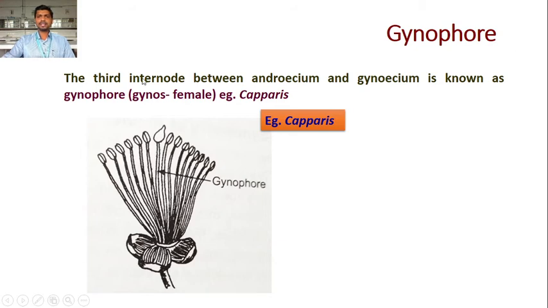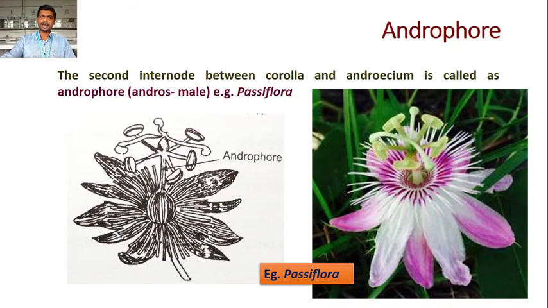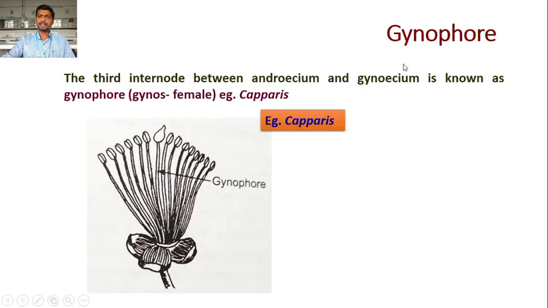Gynophore is the third internode between androecium and gynoecium. In the previous slide we saw that the second internode between corolla and androecium is the androphore. The third internode between androecium and gynoecium is the gynophore. Gynos means female, for example Capparis.